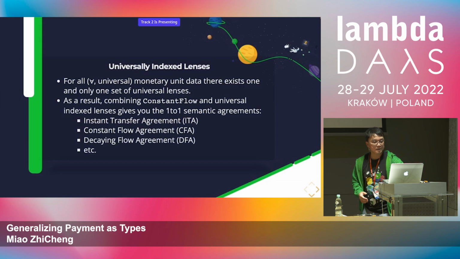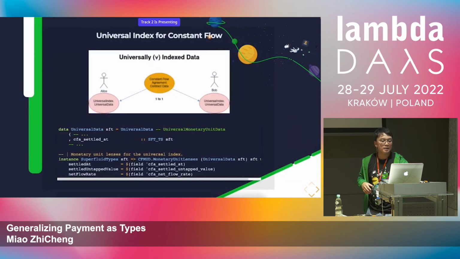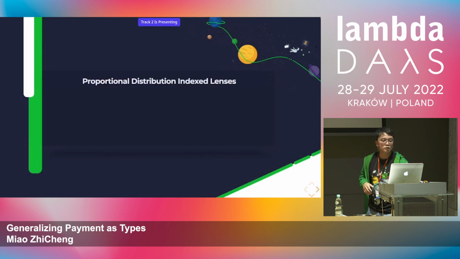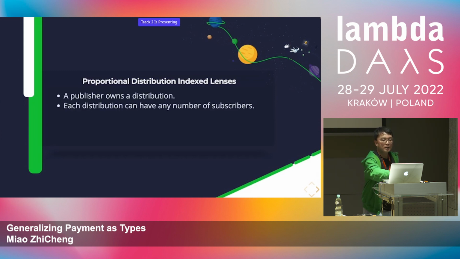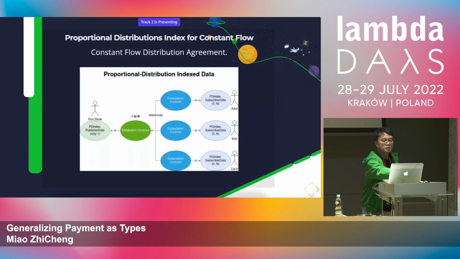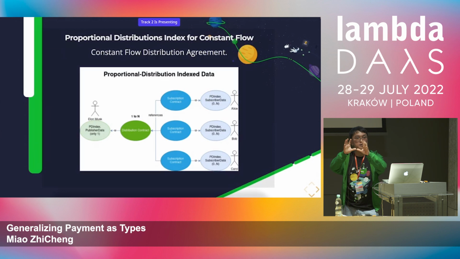I think I'm going to start to skip things. So basically, there are two types of lenses defined in our system. One is universal lenses, which means it's available for everyone. That's used to define one-to-one payment semantics. And the other one is proportional distribution, which is a way to describe a one-to-n relationship, right? So we're reusing the same constant flow semantics, but describing one-to-n.